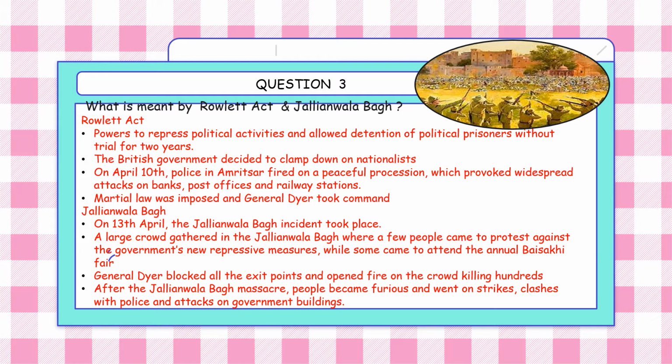After the Jallianwala Bagh incident, people became so angry that they went on strike. Clashes with police took place and they started attacking government buildings. Children, these are very important questions. You can expect any one of them for your board exam. So please learn them thoroughly.